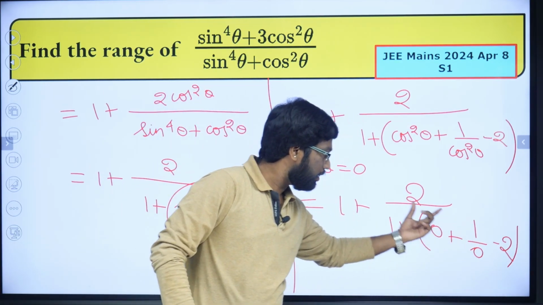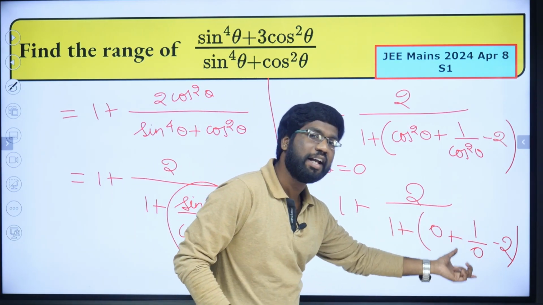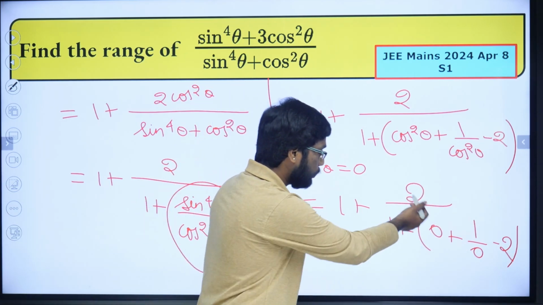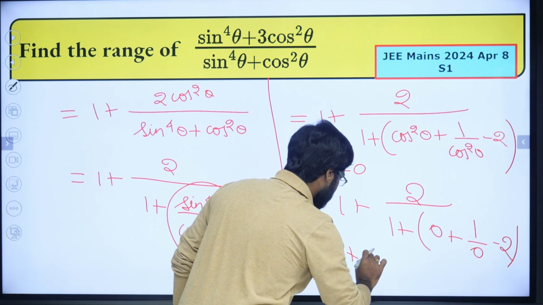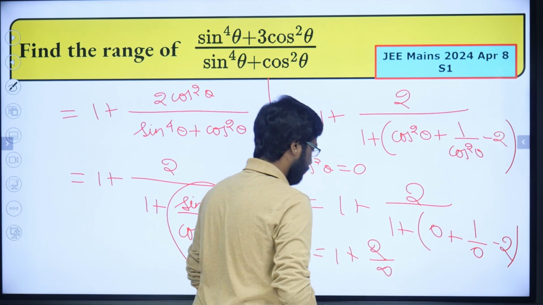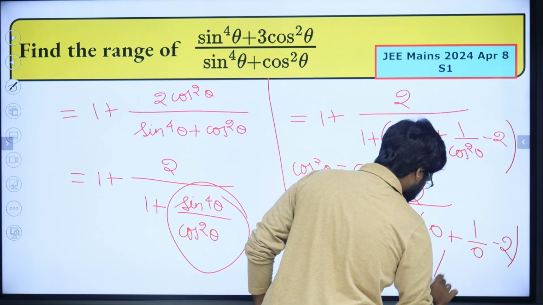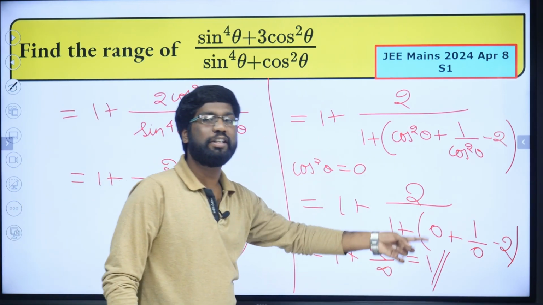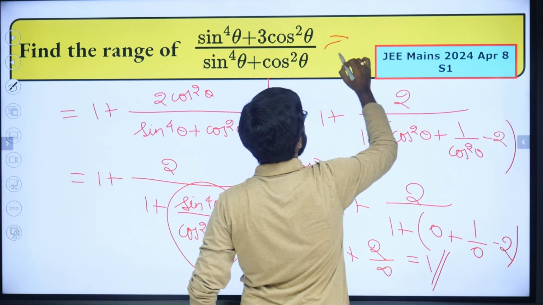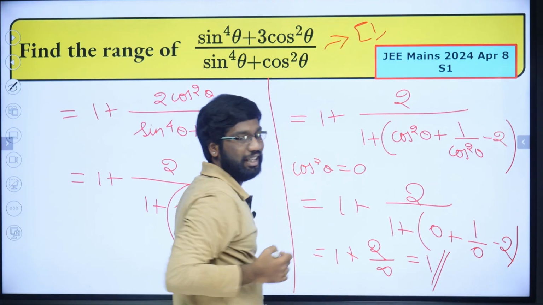So whatever term we add or subtract, still it is undefined only. So 2 by undefined becomes 0, 1 plus 2 divided by undefined. So the final answer is 1. So the minimum range value for this function is 1.